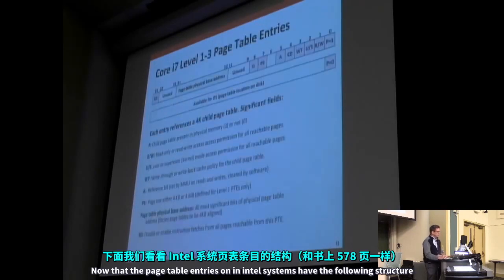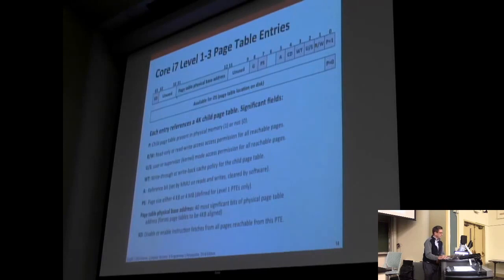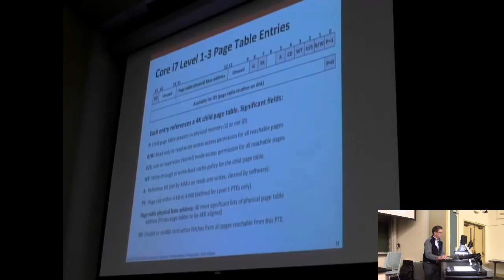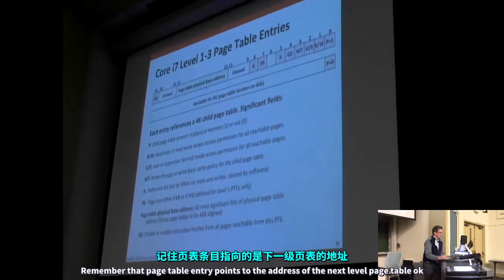Now, the page table entries in Intel systems have the following structure. You can see that the level 1 through 3 page table entries point to the address of the next level page table.